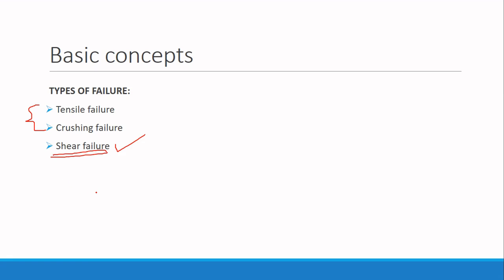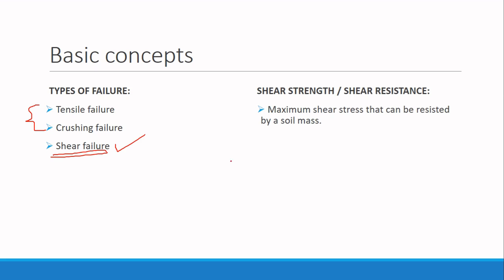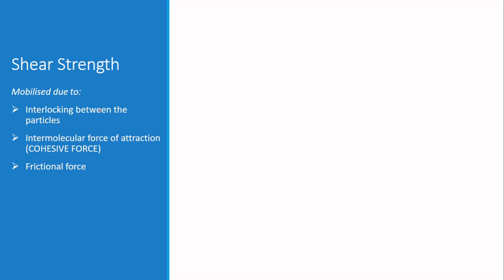So this brings us to a very important concept, and that is shear strength or shear resistance of a soil. So what is shear strength? It is the maximum shear stress that a soil can resist without undergoing any kind of failure. So that is the basic definition of shear strength or shear resistance. Shear strength in soil is developed because of three main reasons.